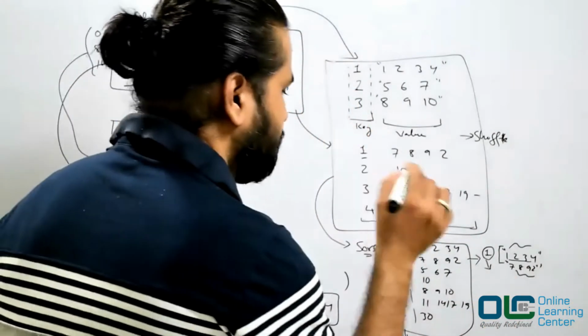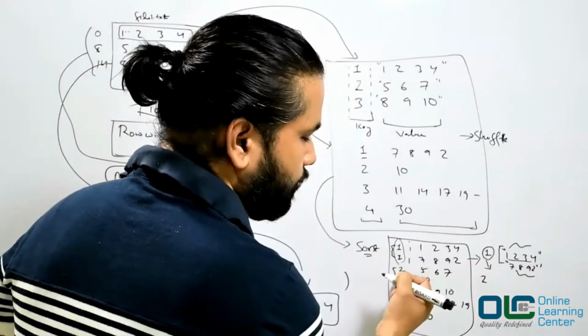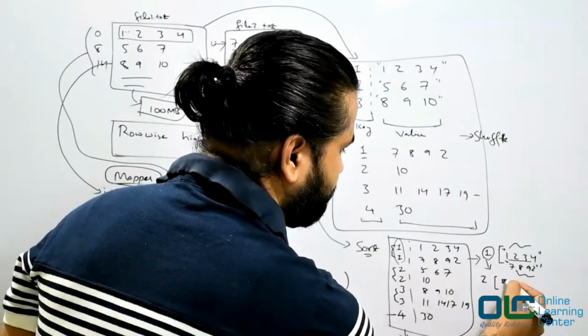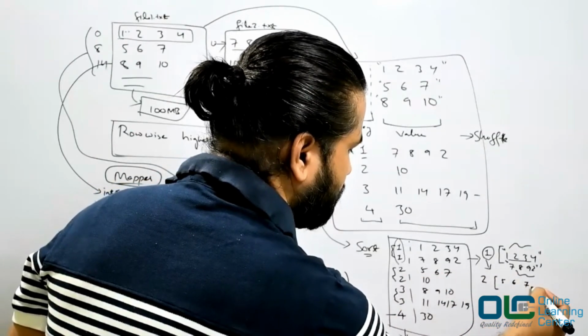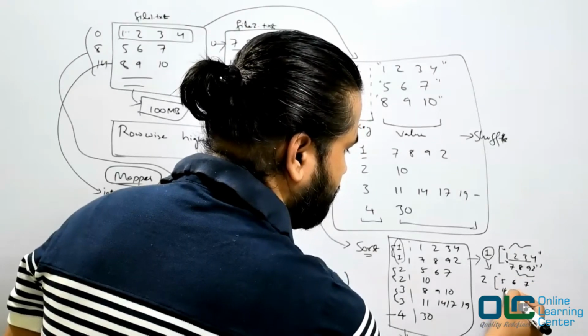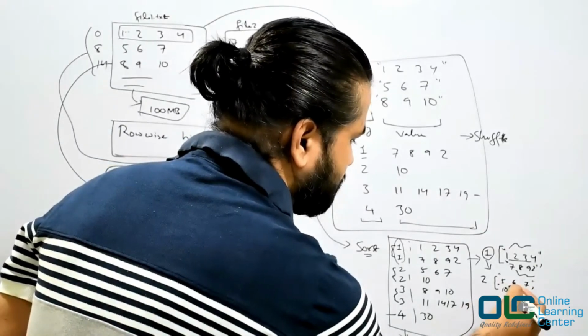Next, similarly, another group would be 2, and it will also have an array where you will have 5 6 7, and 10. So this is one value and this is another value.